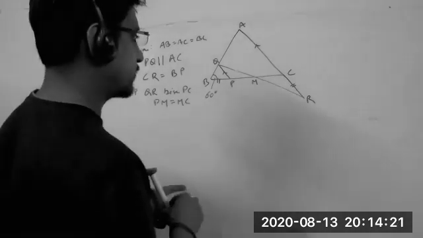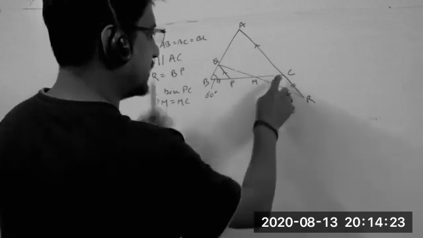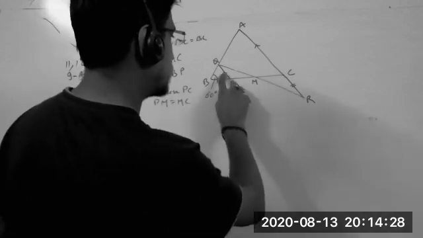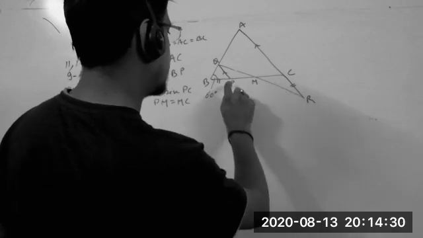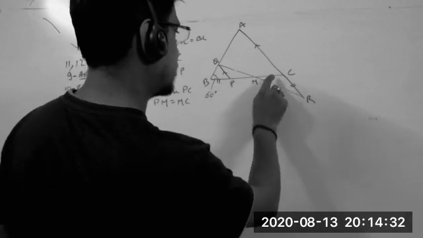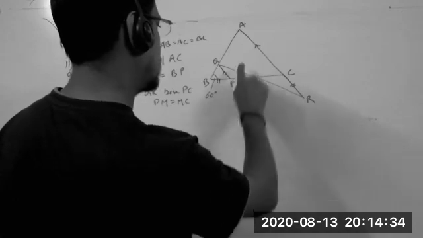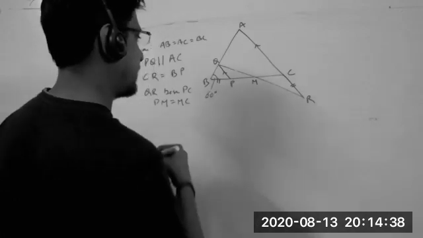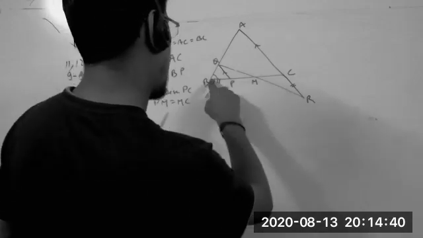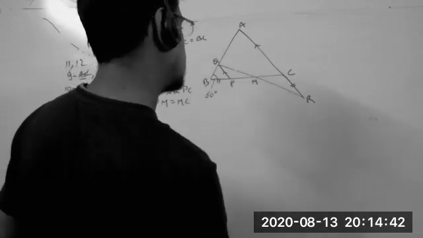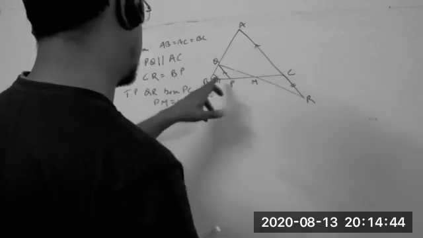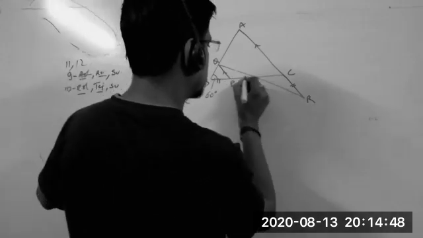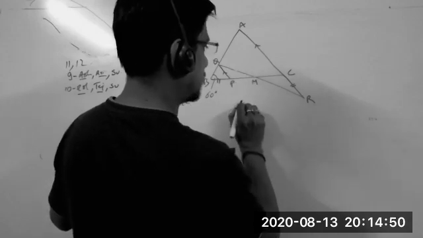Now, in this triangle, this is opposite to this, and this is parallel. In this triangle, this is opposite to this, corresponding.